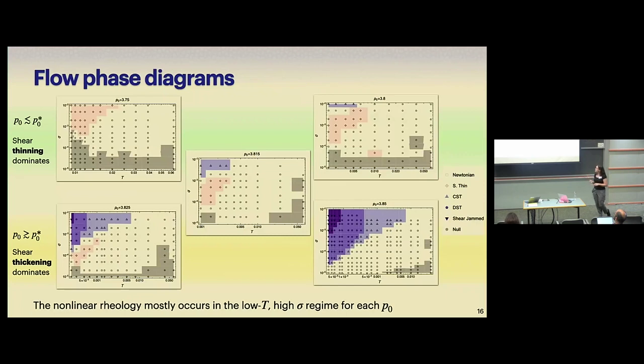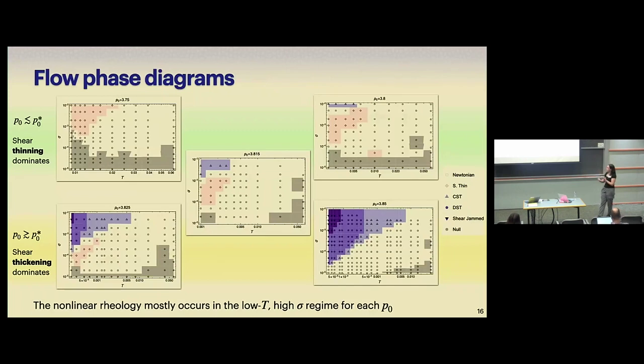And so what we see is that as we increase P0, we have this region of shear thinning in the low temperature, high stress regime that gradually disappears and is replaced by this incoming region of shear thickening behavior that starts as continuous shear thickening, and then the discontinuous shear thickening and the shear jamming behavior start to appear.